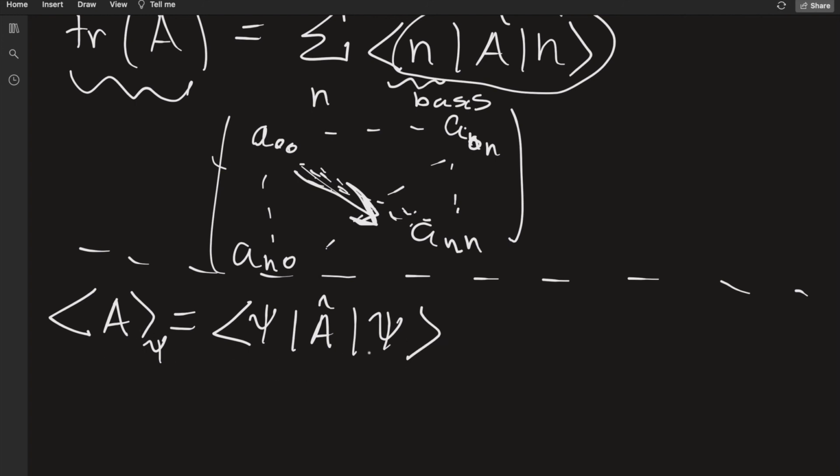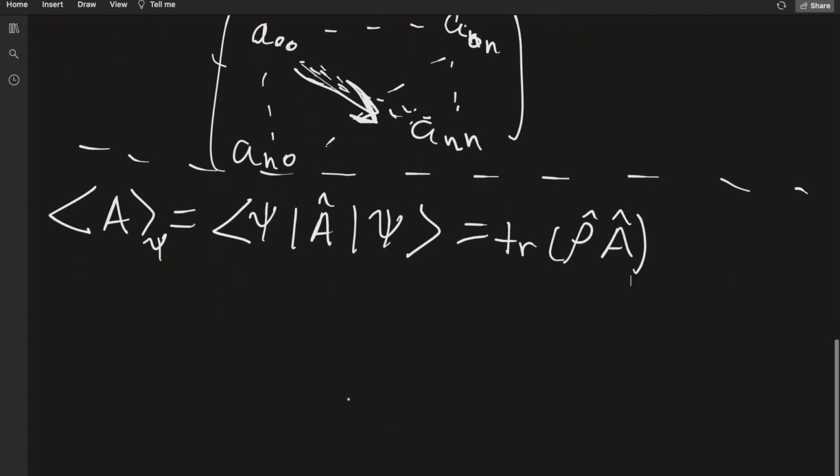Okay, and we can simplify this, interesting enough, by the trace of the density matrix times the matrix itself. All right. The proof for this, for those who like proof.